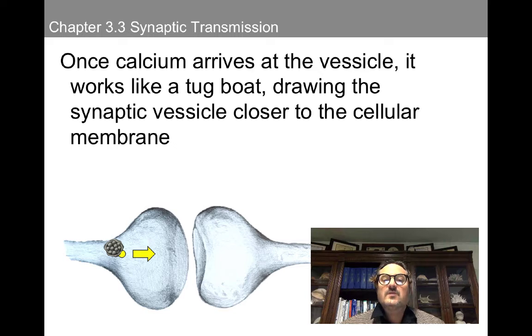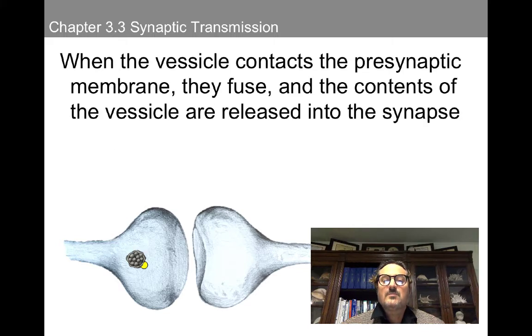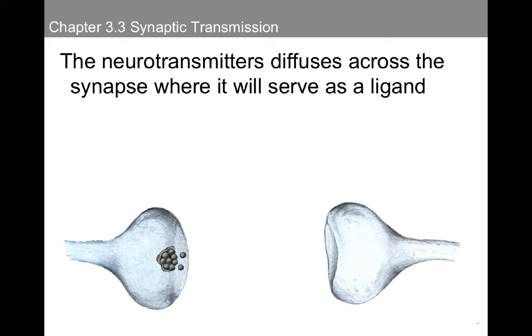So once calcium arrives at the vesicle, it works like a tugboat, drawing the synaptic vesicle closer to the cellular membrane. And when the vesicle contacts the presynaptic membrane, they fuse, and the contents of the vesicle are released into the synapse, a process we call exocytosis.